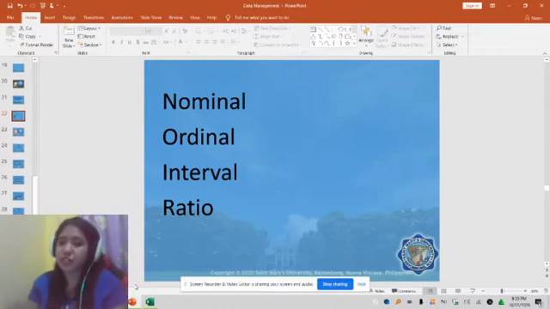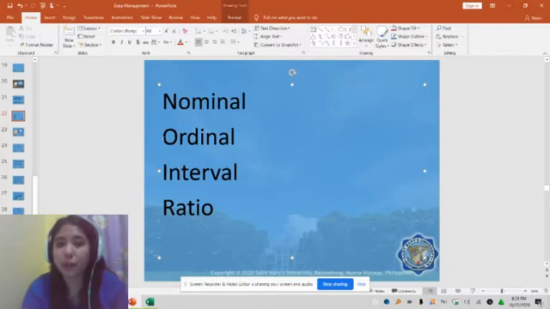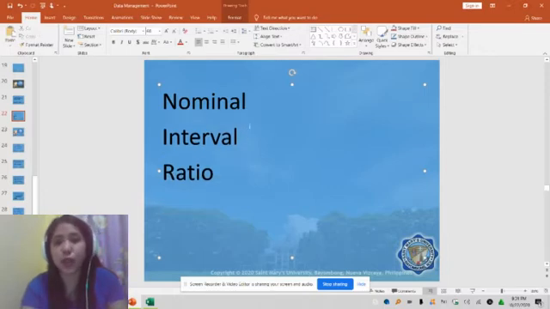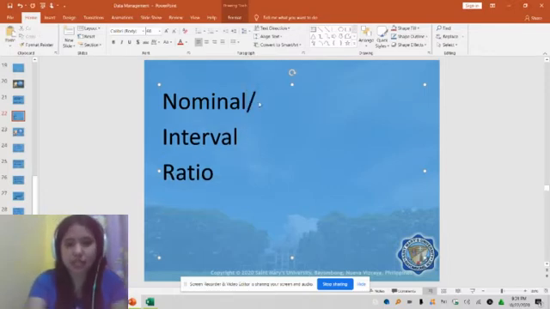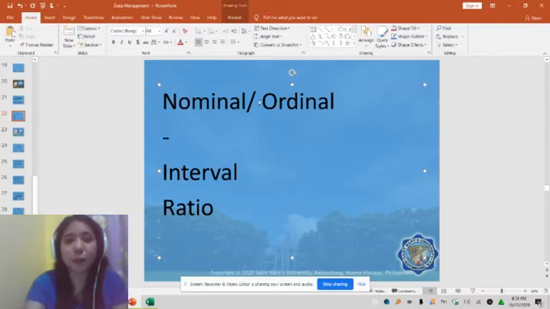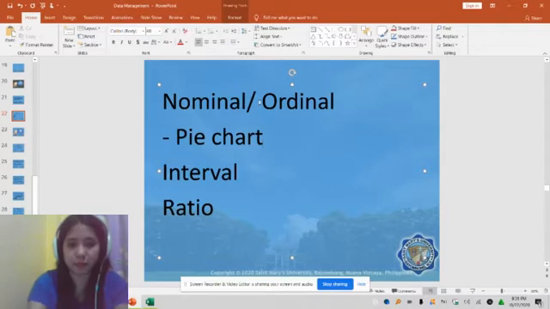Let's go back to our main concern, which is still to come up with an appropriate chart. We are talking about this simply because the appropriate chart depends on this. If our data is either nominal or ordinal, so I will combine these, it's an or, the appropriate chart for our data is the pie chart.